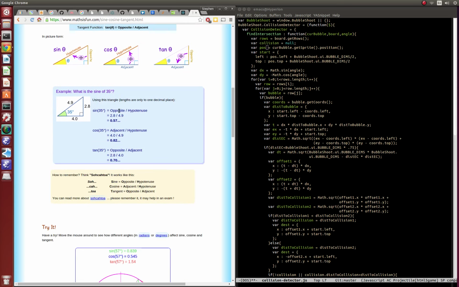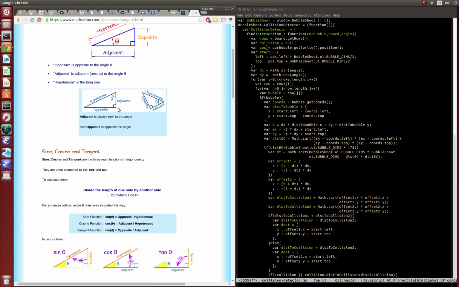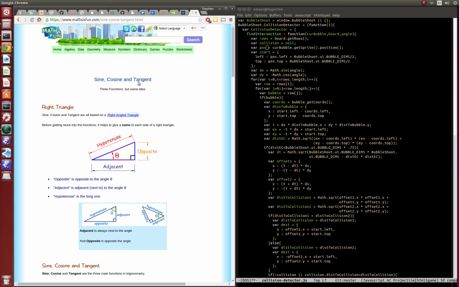This is lame. How come there's not a visual thing I can just play with where I can spin it around, make different angles and say, this is what the sine, cosine, and tangent of that angle is. Just so I can get a feeling for it.